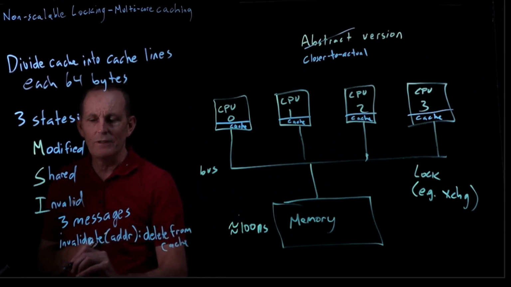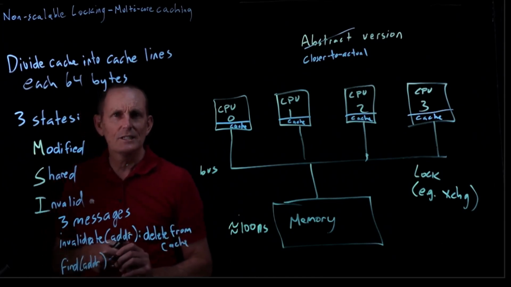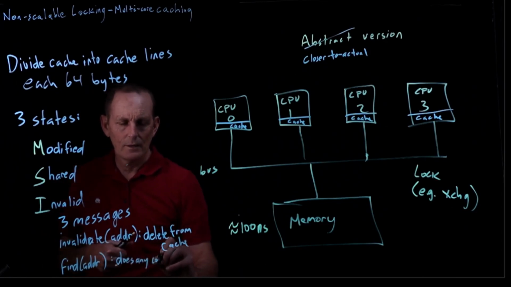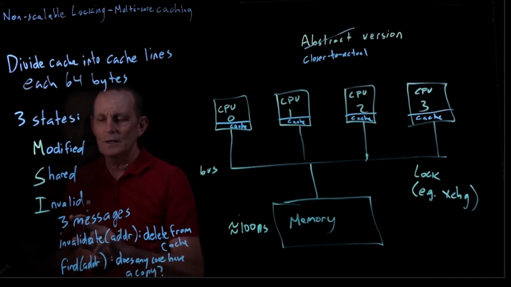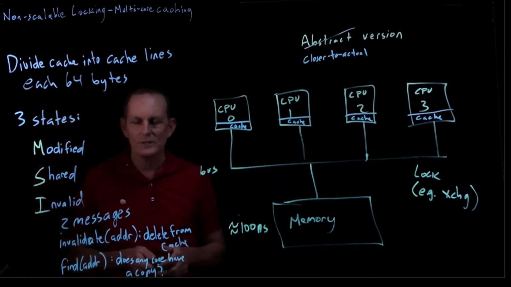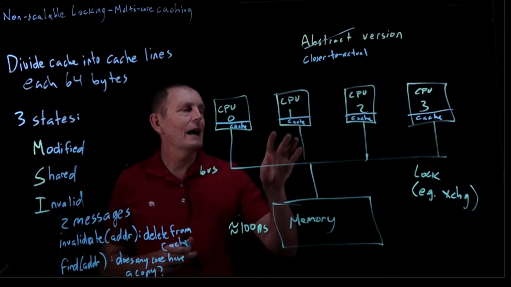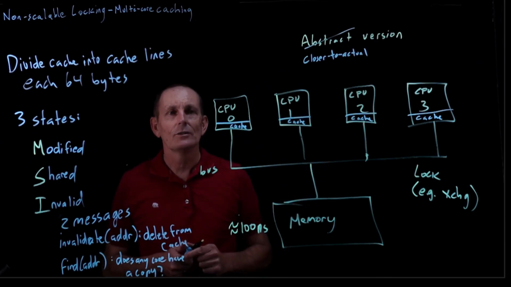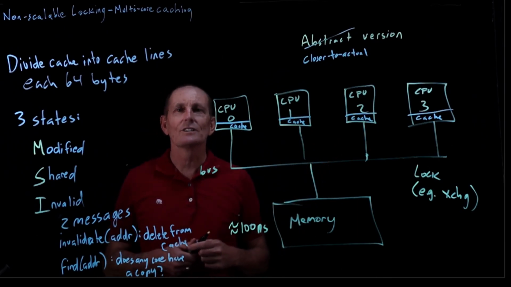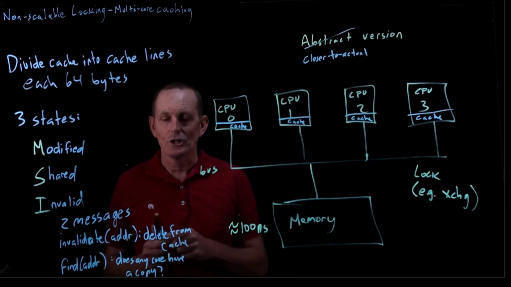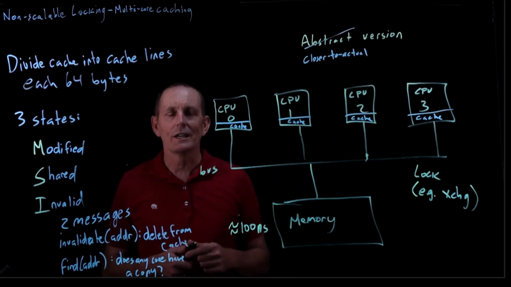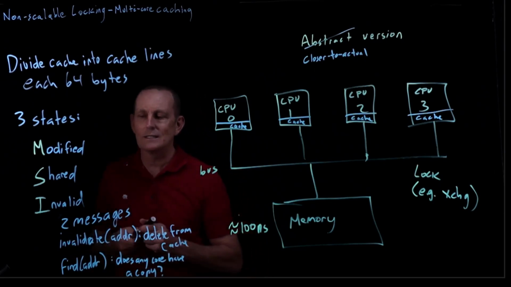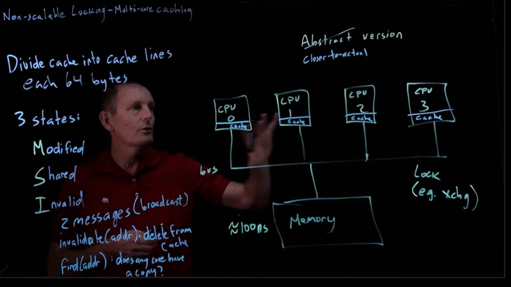The second is going to be find, which basically asks: does any core have a copy? I said 3, but actually all we have are these 2, invalidate and find. So I, as a core, can request that all the other cores invalidate what's there, or I can request that all the cores figure out whether they have such an address. What they do if they get the find, we're going to talk about in a little bit. All of these messages are broadcast. That is, they go to all CPUs.